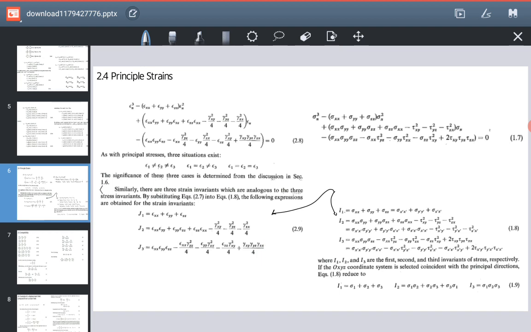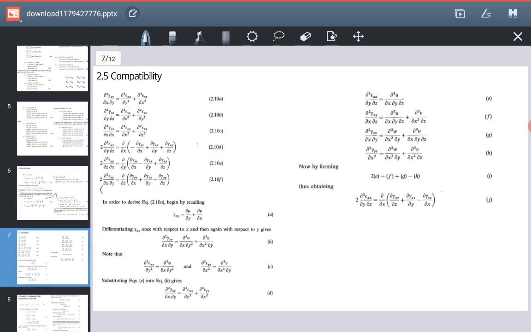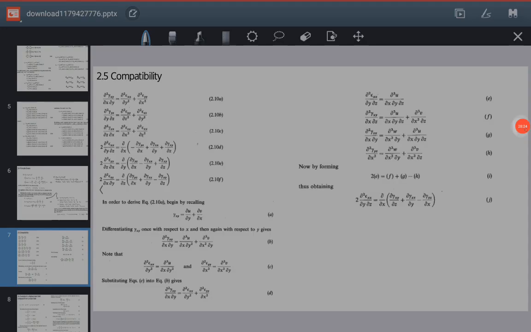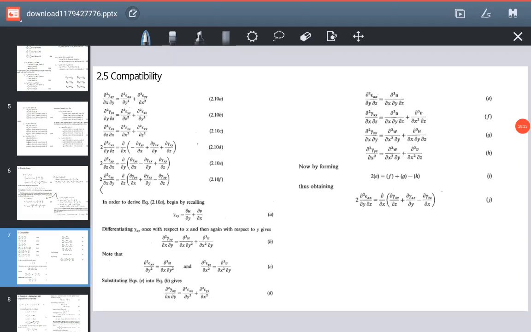Moving on to the next topic, we have compatibility. Now we are going to see the compatibility equations. The compatibility equations check whether a certain system that is undergoing deformation is compatible or not.